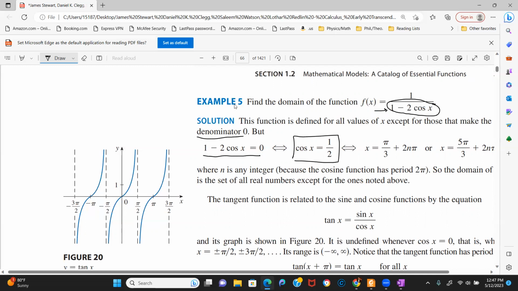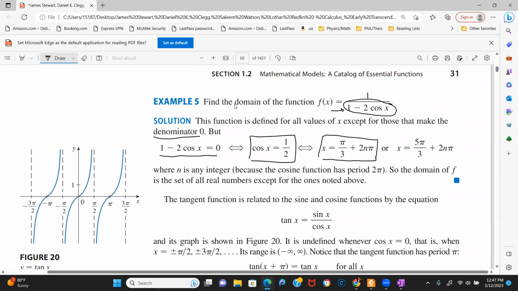And now this is just a fact that cosine x is 1/2 if and only if x is of this form right here, for any integer n. So n is just any integer, and the integers are denoted by the letter Z, and it consists of -3, -2, -1, 0, 1, 2, 3. And the dots just mean you go off to negative infinity, and these dots right here mean you go off to positive infinity.